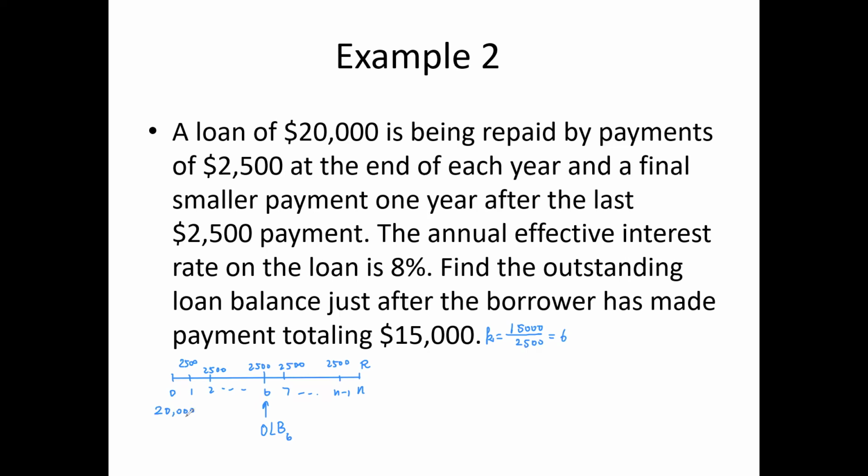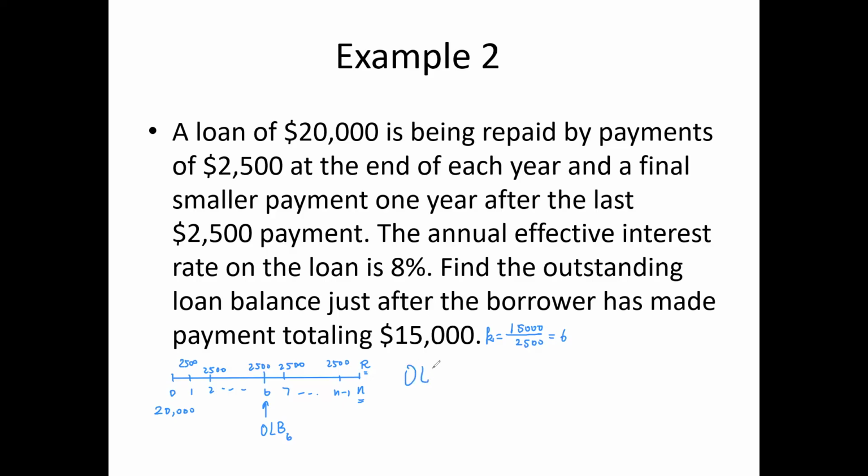So for this problem, it's better to use the retrospective method because one, we don't know n, and the second one, we don't know R. We're able to find all of them, but it's just easier to use the retrospective method.